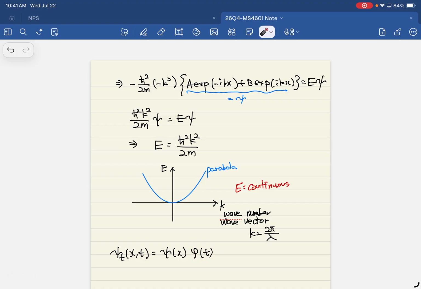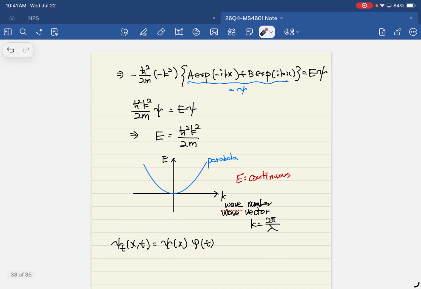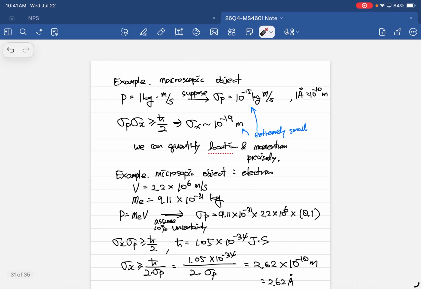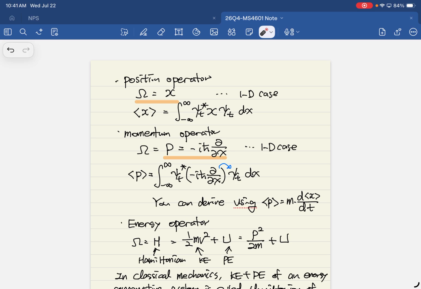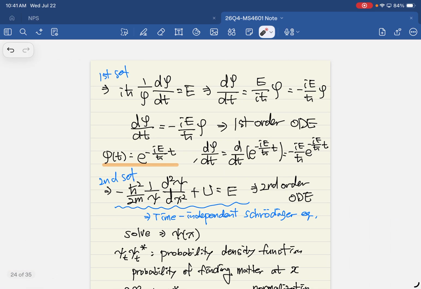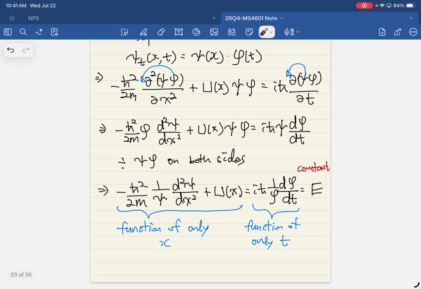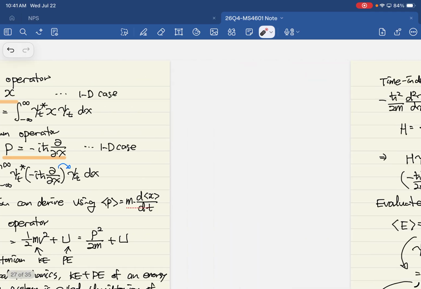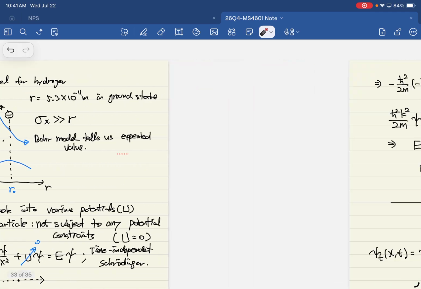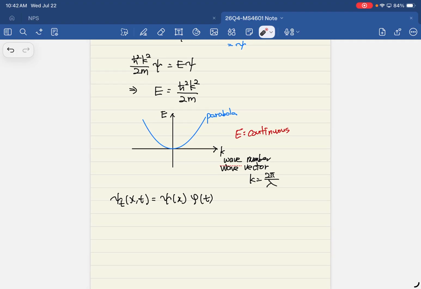We also obtained it before. Do you remember? If I go back, maybe many slides, look at this part, from the first set, when we worked with this part, we got this solution. So we are going to use that. That is why we are only working with the time-independent Schrödinger equation, because this solution is already given.